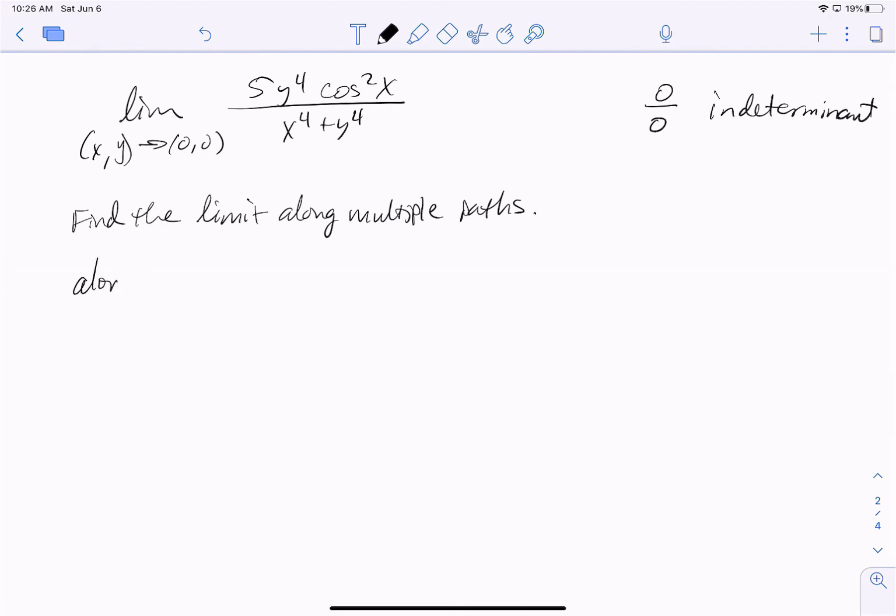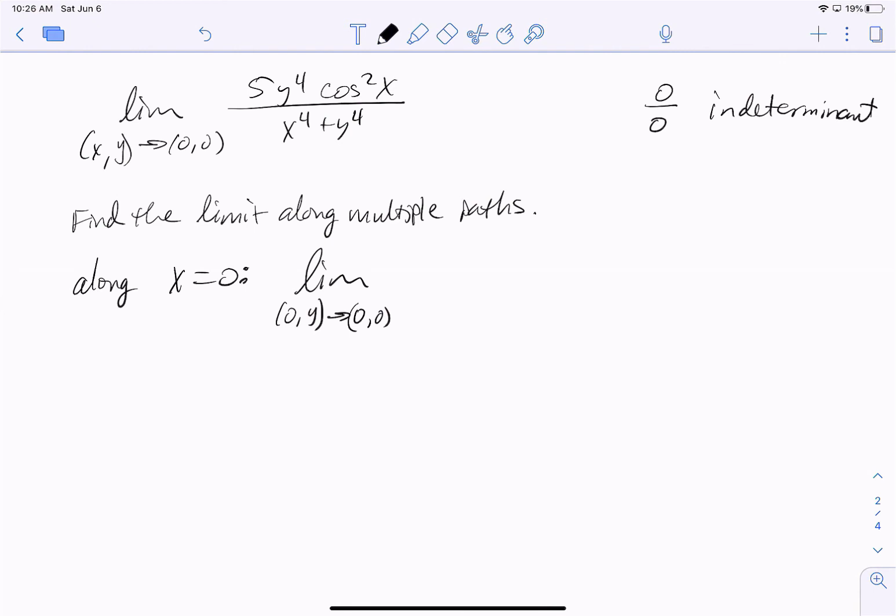First, we'll try along the line x equals 0. Then we're looking at the limit as (0, y) approaches (0, 0). You see what we've done is we've replaced x by 0 even in the limit statement.